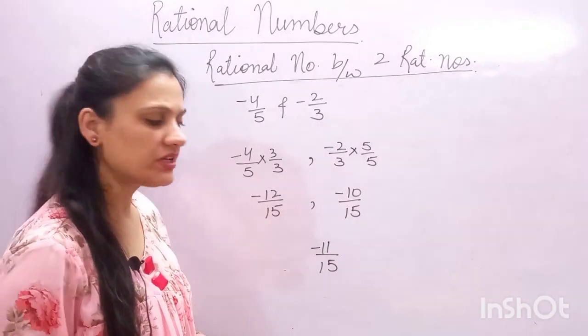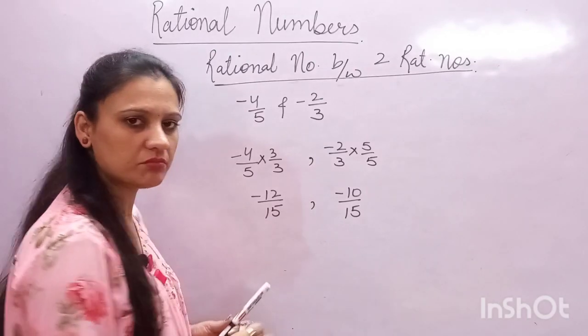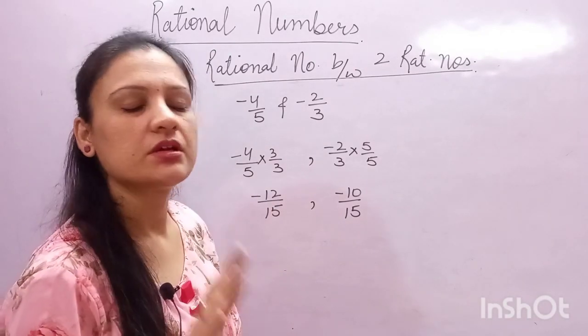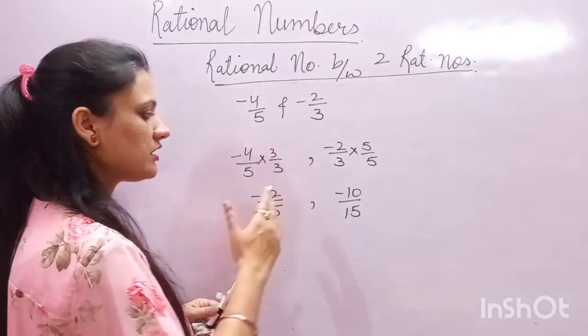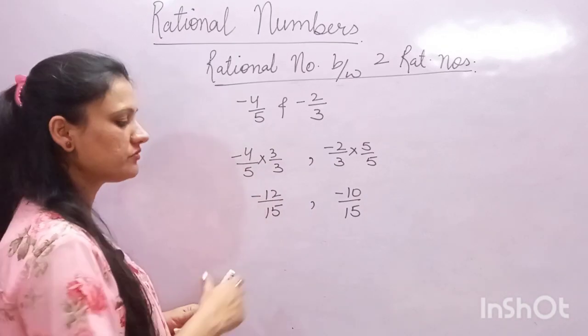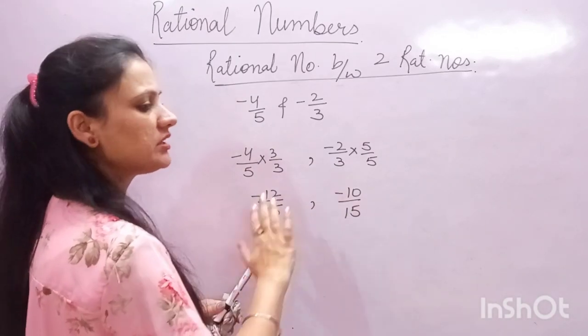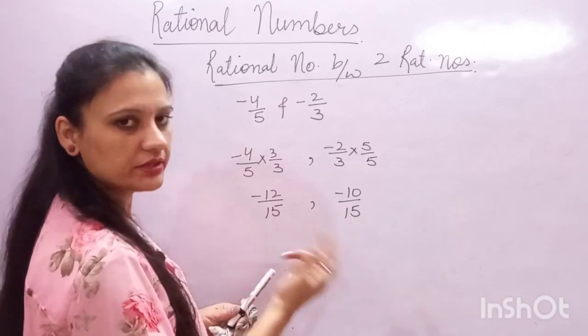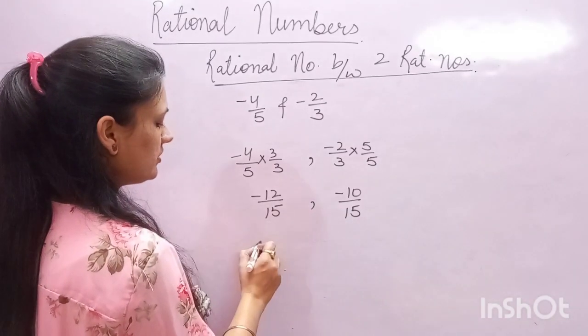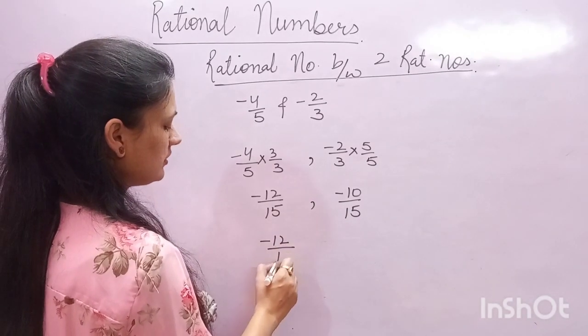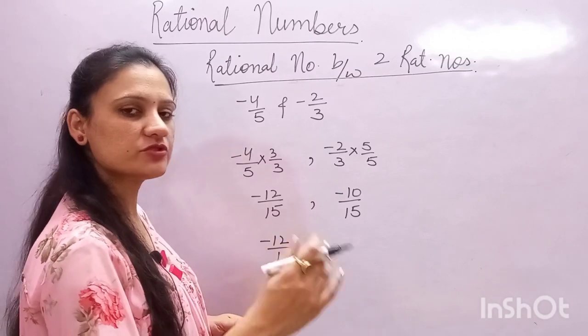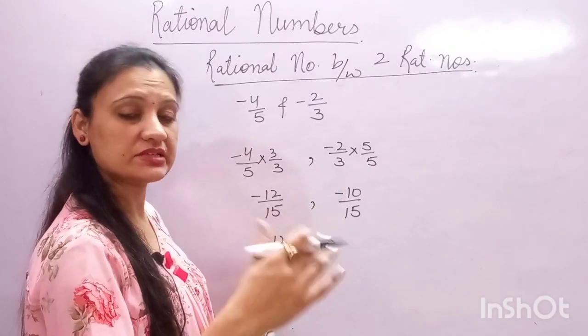But what if they ask you to find 3 rational numbers or 5 rational numbers? Very simple. Suppose they ask you to find 3 rational numbers in between the given rational numbers. It will be better if you just multiply with the successor of the number.